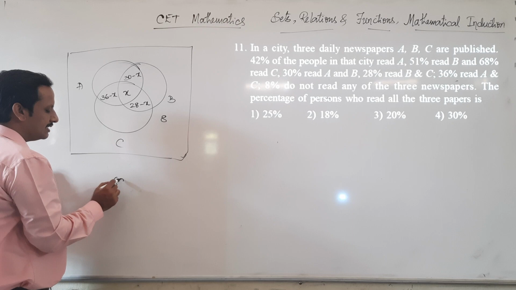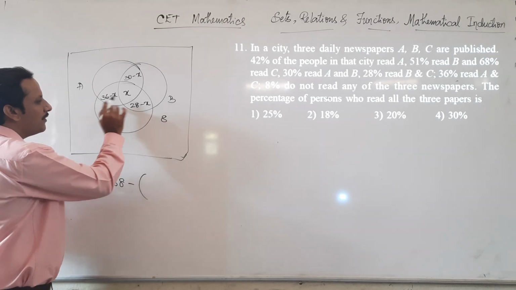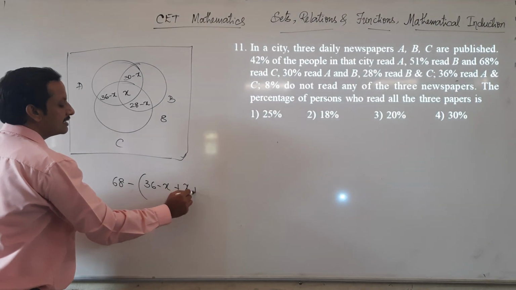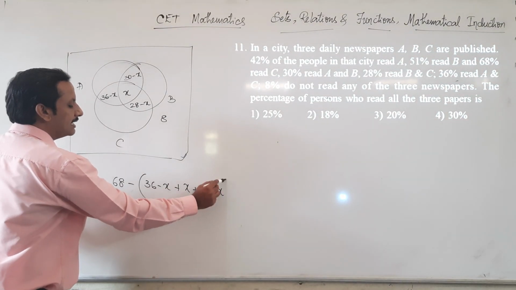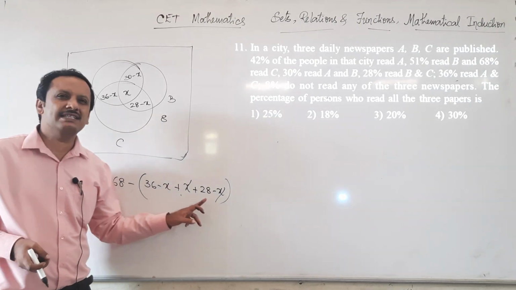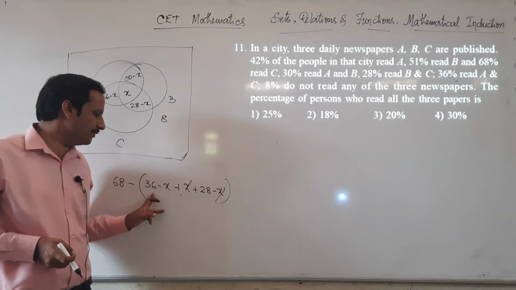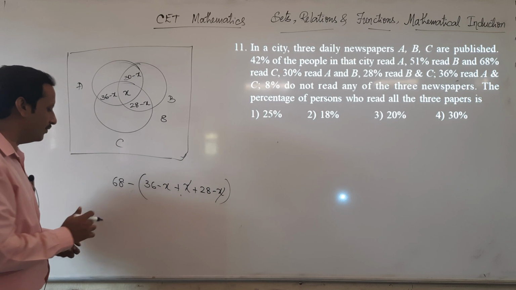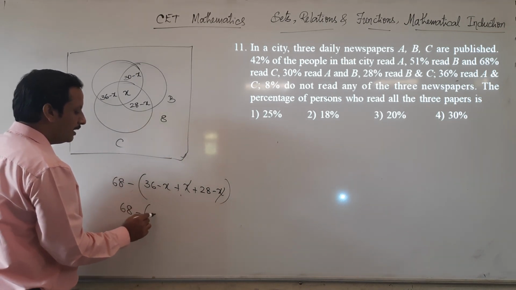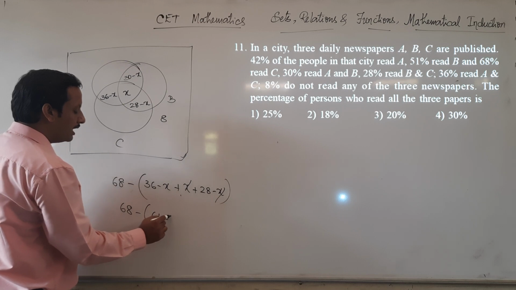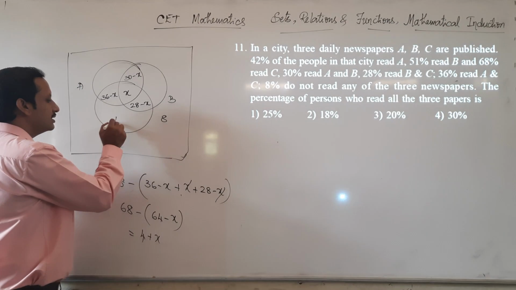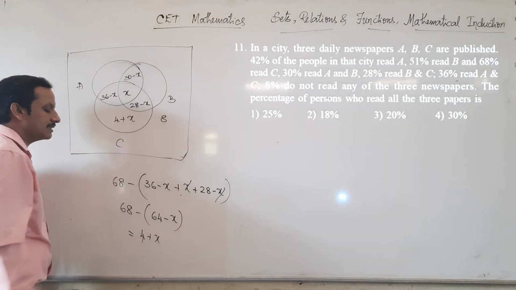I should write it as 68 minus the sum of all these: 36 minus X plus X plus 28 minus X. One of those X gets cancelled. 36 plus 28 will give you 56 plus 8, 64. We'll have 68 minus 64 minus X. So this will become 4 plus X. Here I should write 4 plus X.